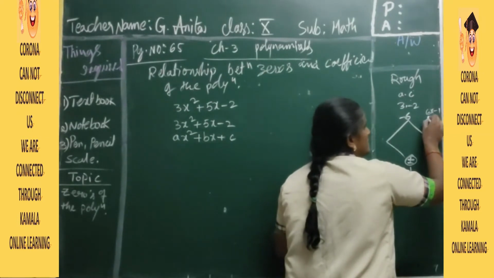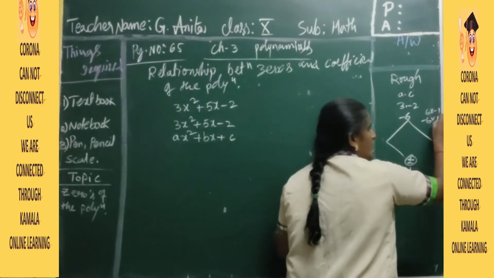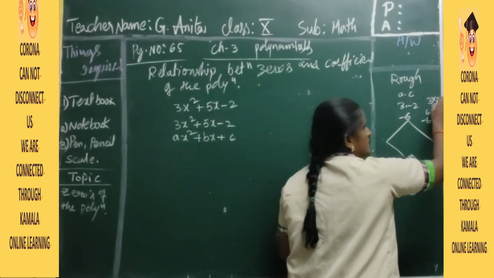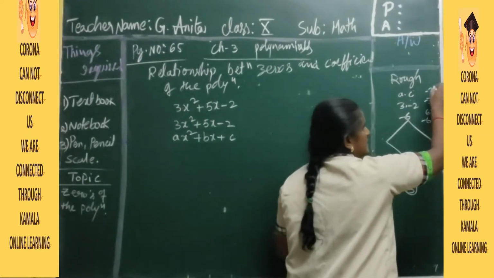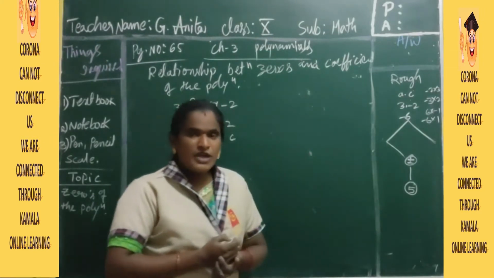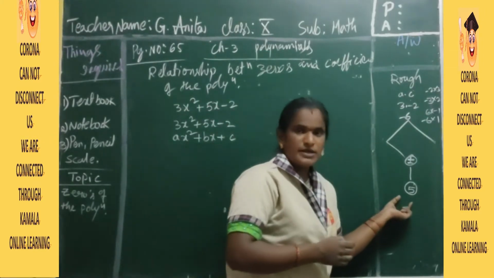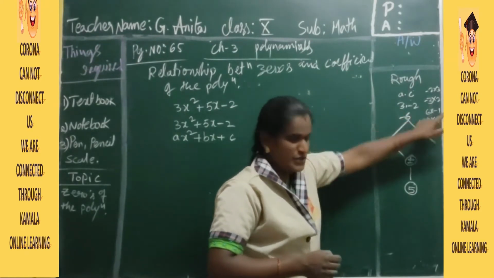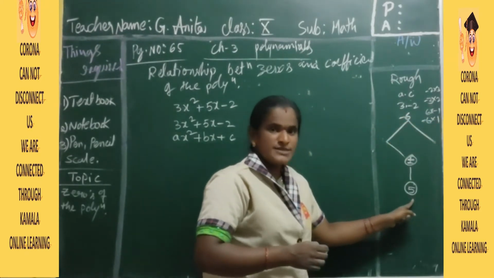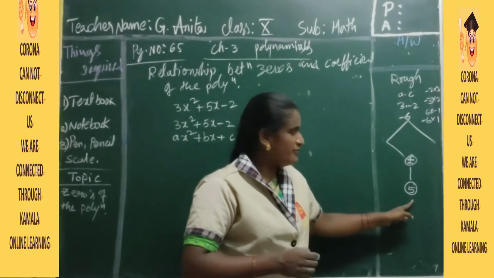or else minus 6 into 1, 3 into minus 2, or minus 3 into 2. These are the factors. What do we want? We want 5. 6 subtracted with 1, you will get 5.